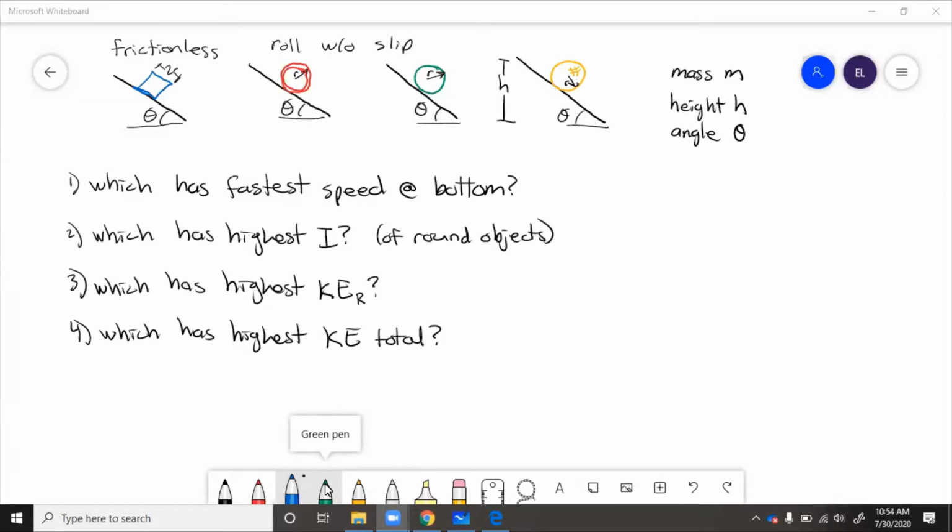Now, the fastest linear speed at the bottom is going to be the box. The one with the highest moment of inertia is going to be the hoop. The one for the highest rotational kinetic energy is also going to be the hoop.